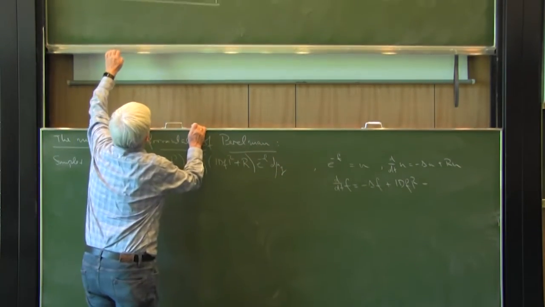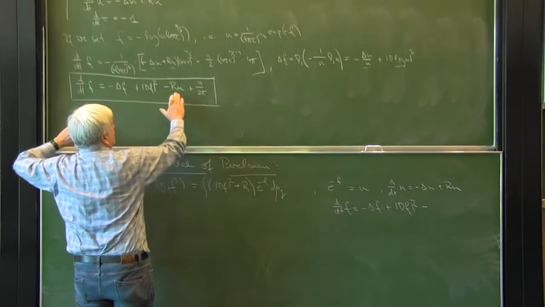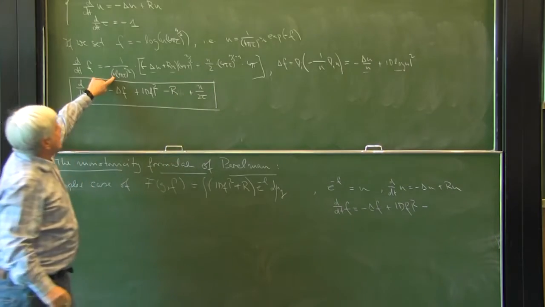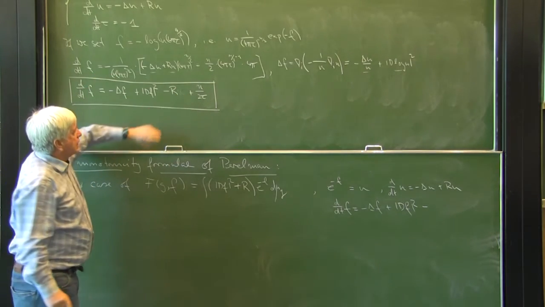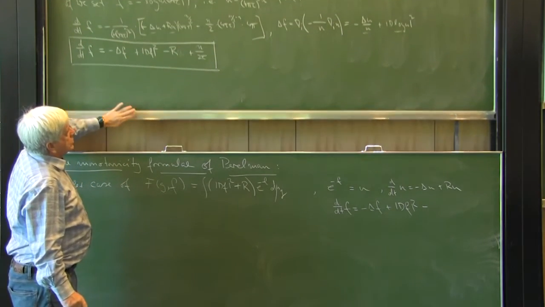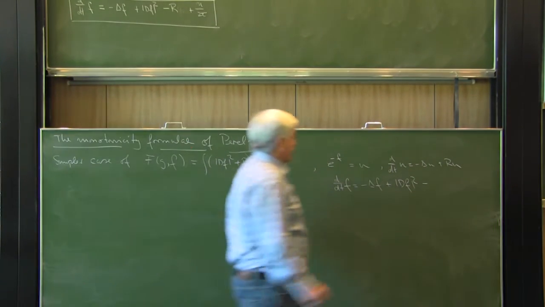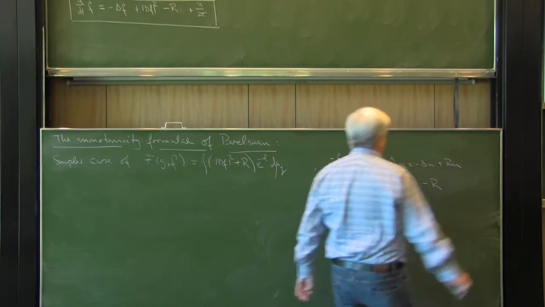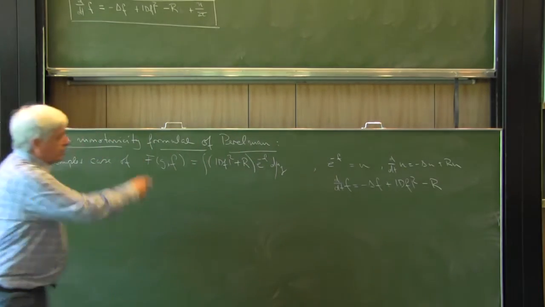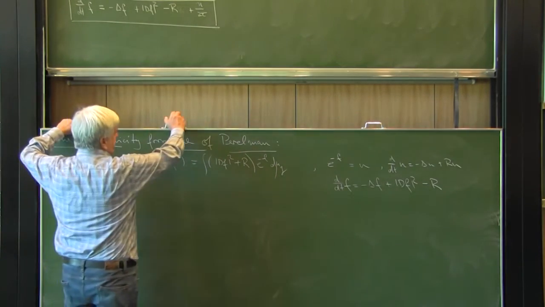Right? There's no factor u here. The u cancels out. So there's just an r. So here's r. Okay.